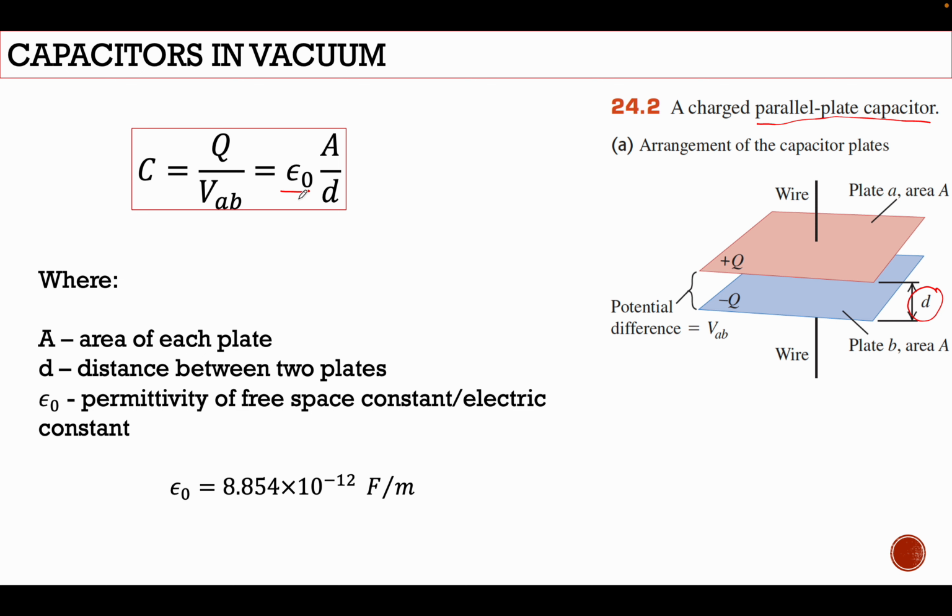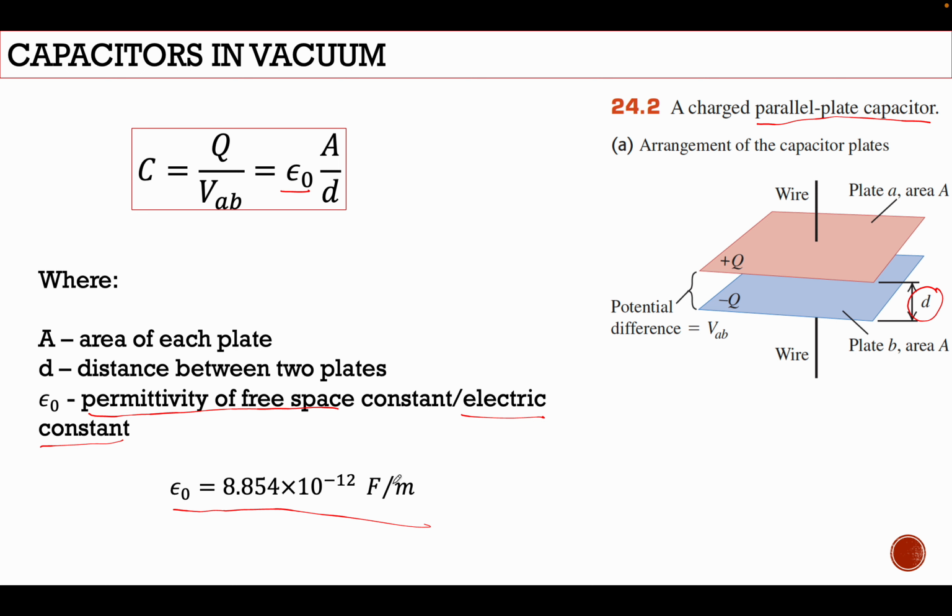times the area divided by D. Epsilon naught is the permittivity of free space, also known as the electric constant. The value of epsilon naught is 8.854 times 10 to the power of negative 12 farad per meter.